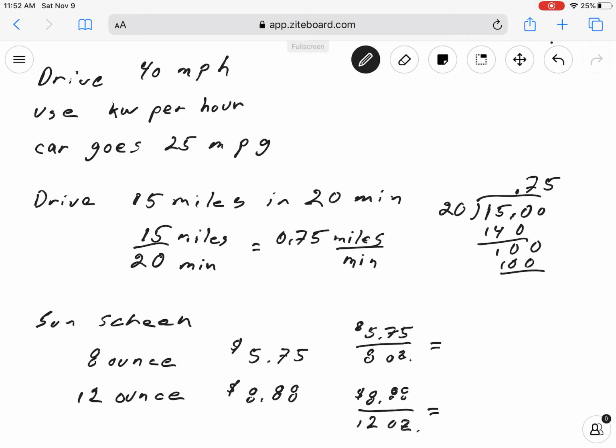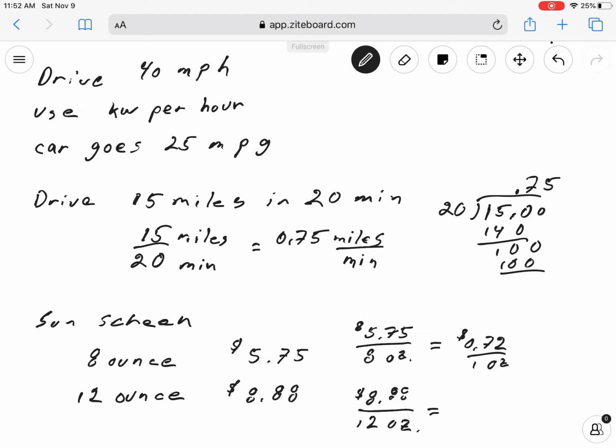So if I take the $5.76 and I divide it by 8 ounces, I'm going to get 72 cents for 1 ounce, or per ounce.